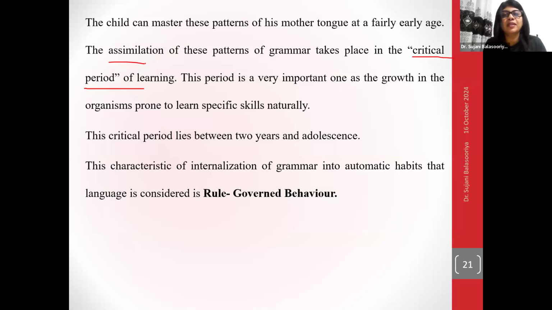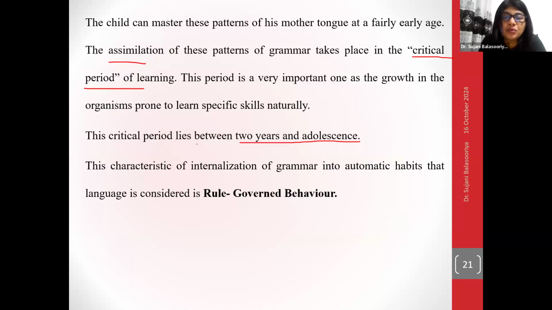Actually, what is this critical period then? You have the idea here. It lies between 2 years and adolescence. Now, normally we say a child at the age of 10 or 12, right? 10 to 12, that range, a child masters his first language or mother tongue.